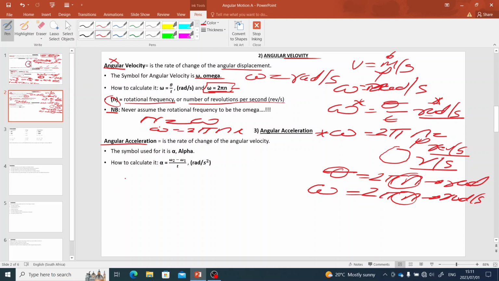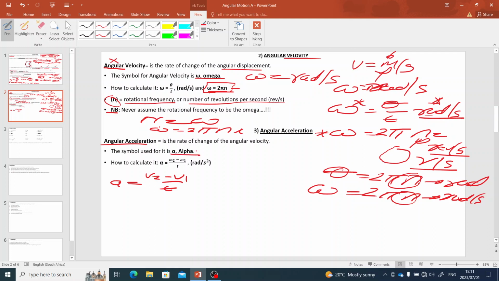We know that from the linear motion, acceleration equals v2 minus v1 over t. But the fact that motion has occurred on the angular, on the circular course, it is called angular acceleration, and the symbol for angular acceleration is alpha.